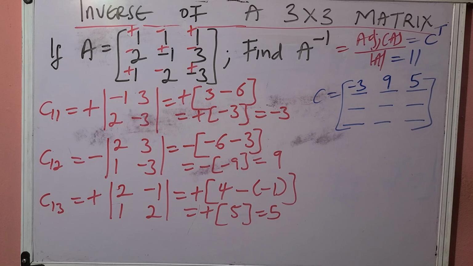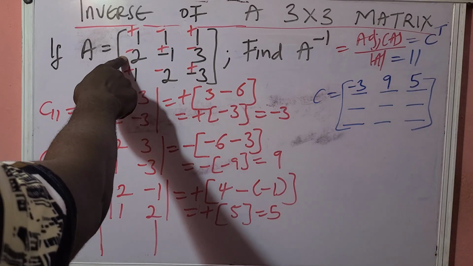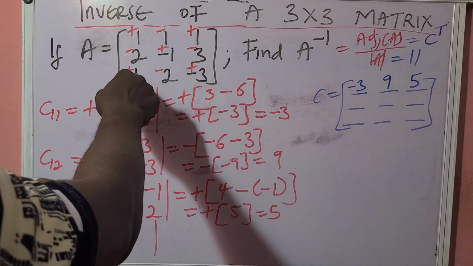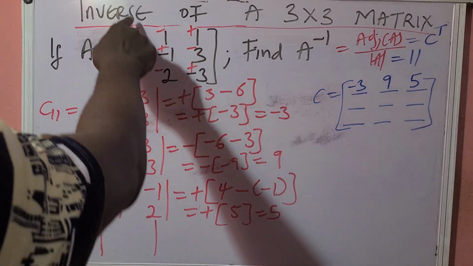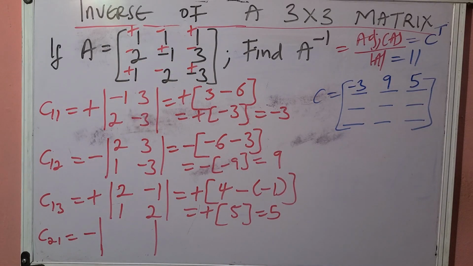So we can go on to find C21 here. C21 will be, this is minus, minus. To put in our value for C21, this is row 2, column 1 that we are blocking off. So we're left with 1, 1, 2, minus 3.